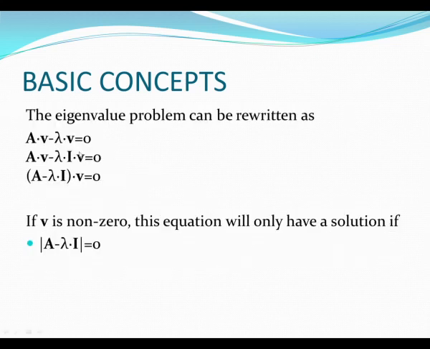Since the product of the matrix and the eigenvector is equal to the product of the eigenvalue and eigenvector, algebraically we can simplify this statement by transposing the product of the eigenvalue and the eigenvector. So it becomes minus, and then obviously we can have a factor of the eigenvector.